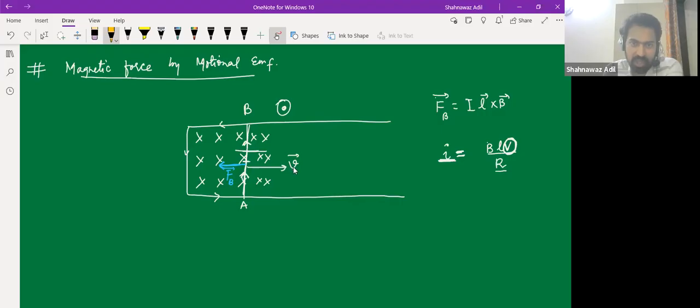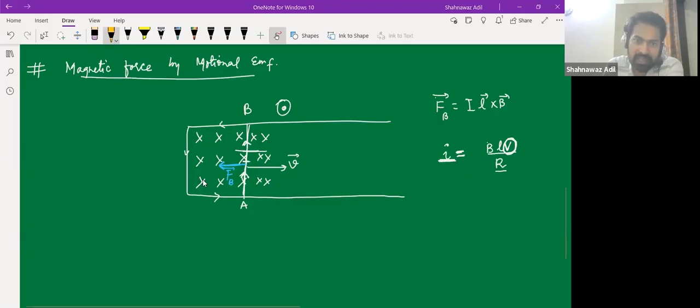So what should I do to take care of this magnetic force? Any idea what should we do?